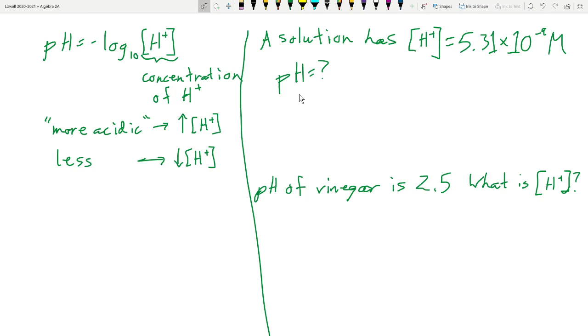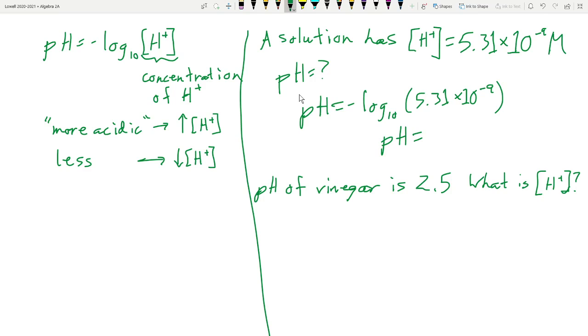Well, this is nothing too crazy. You're just going to throw this into the formula. So the pH is going to be equal to negative log base 10 of 5.31 times 10 to the minus 9. Remember, you're taking the log of this number and then just sticking a negative sign in front of it.